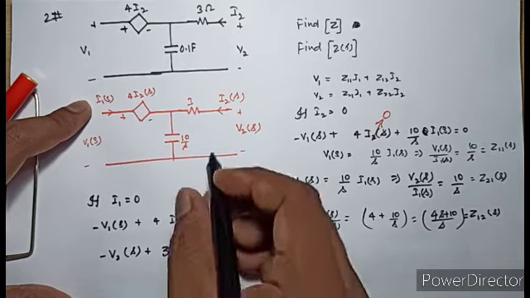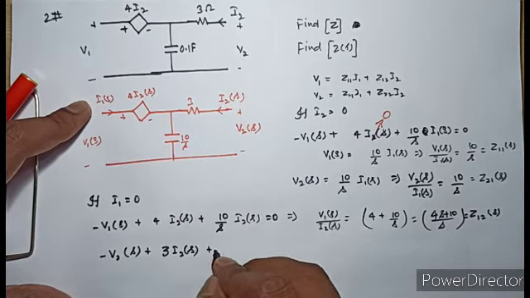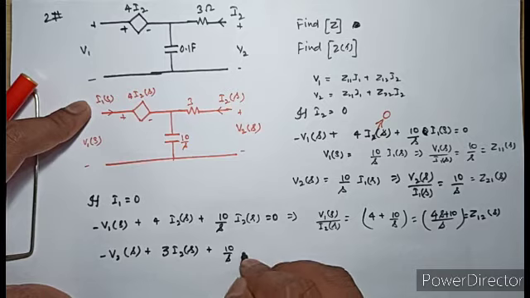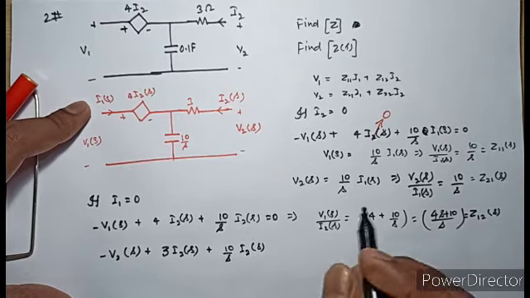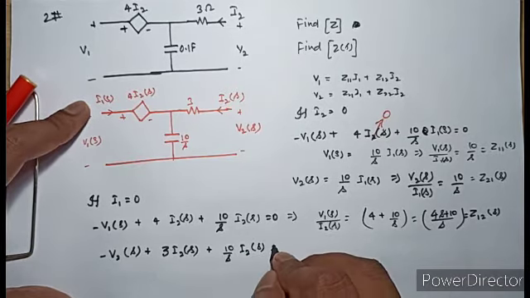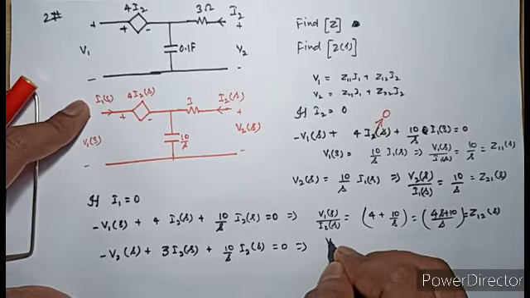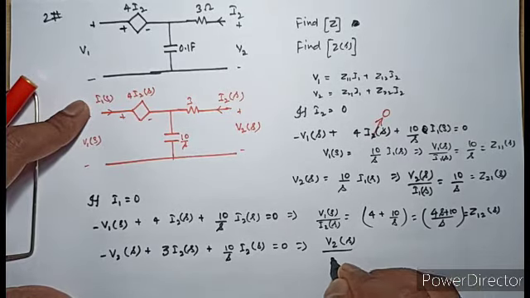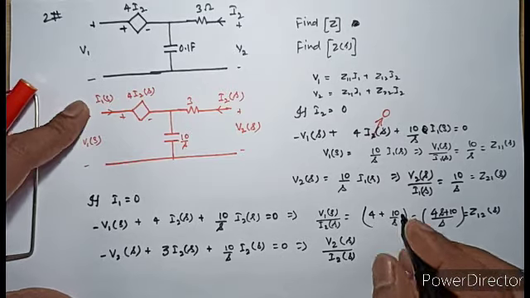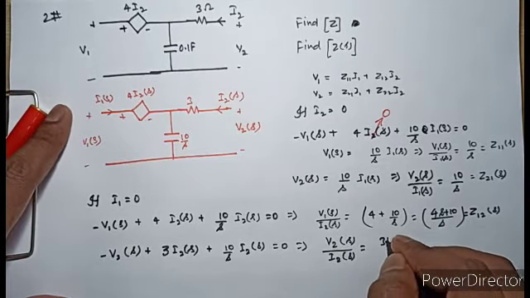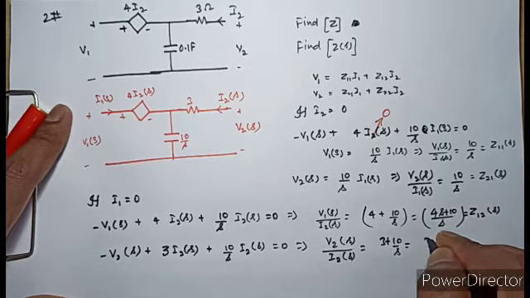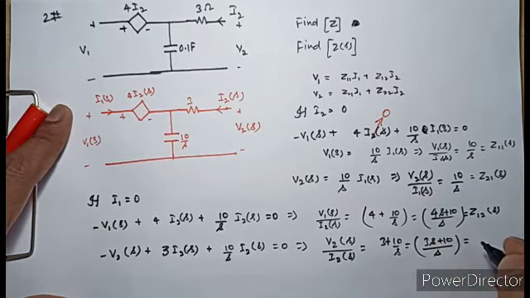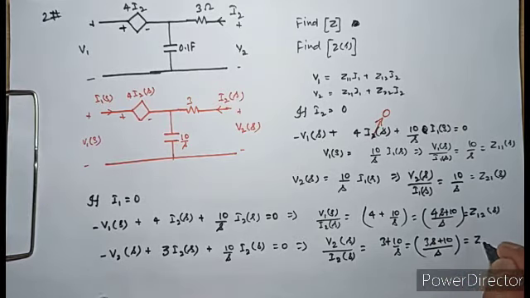So minus V2s plus 3 I2s plus 10 by S I2s, right, is equal to 0, and from here our V2s by I2s will be equal to 3 plus 10 by S, which after simplification will become 3s plus 10 by S, which is nothing but our Z22s.